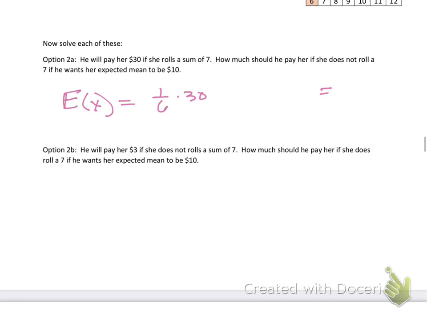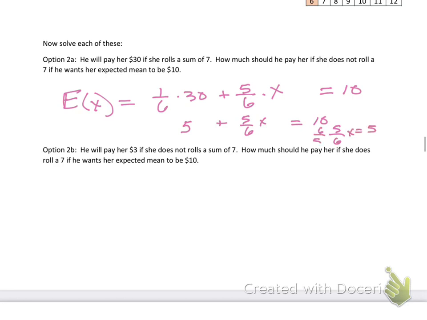So this has to be 10. We take the 5/6, which is the other probability, times some mystery x. To solve for x: 10 minus 5 is 5, so 5/6 x equals 5.